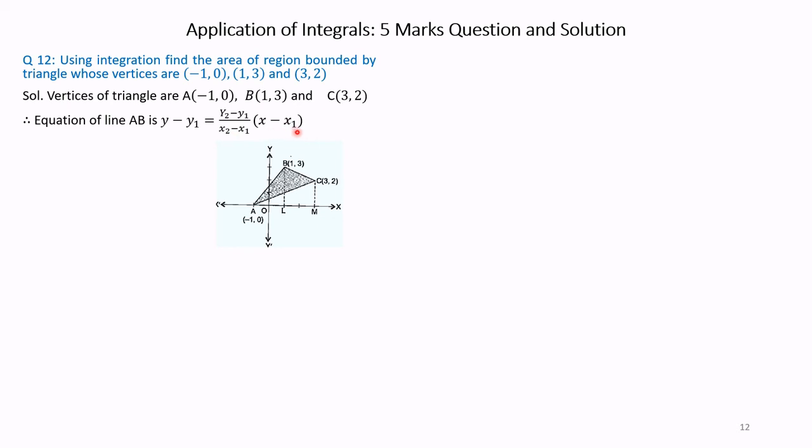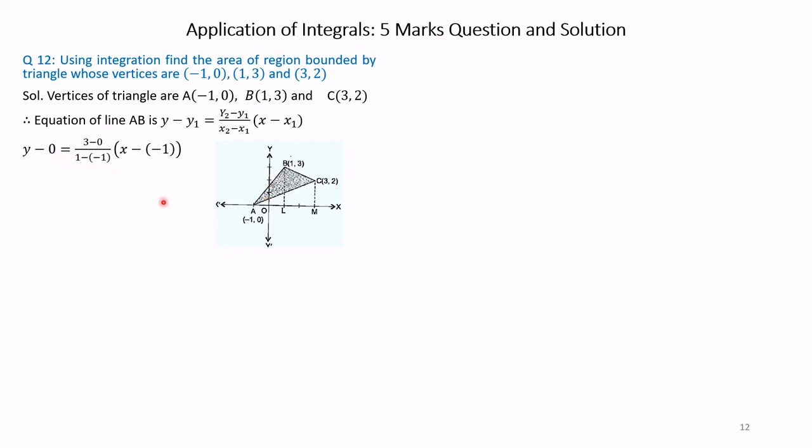This is the equation of the line given by respective coordinates, which we know from our knowledge of coordinate geometry. For the line AB, A is minus 1, 0, B is 1, 3. So we will put the values of x and y.